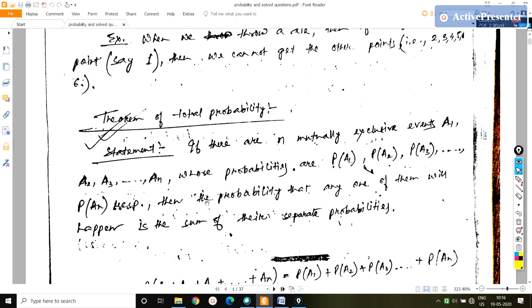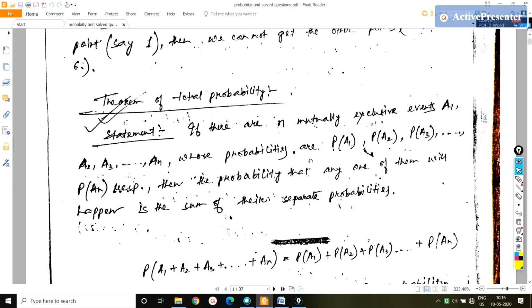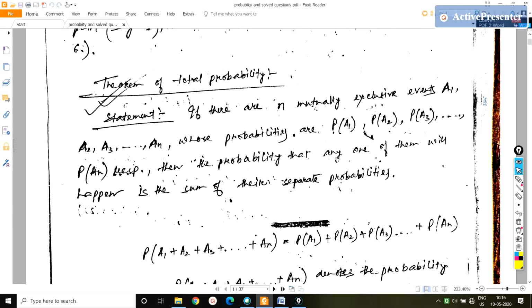So basically, the theorem of total probability deals with the OR statement.